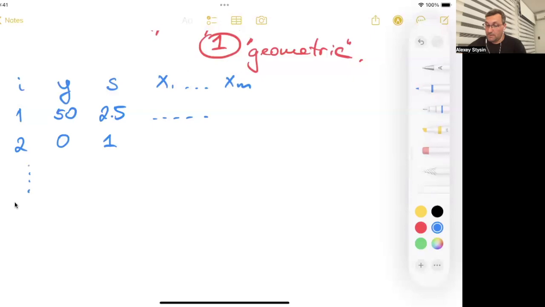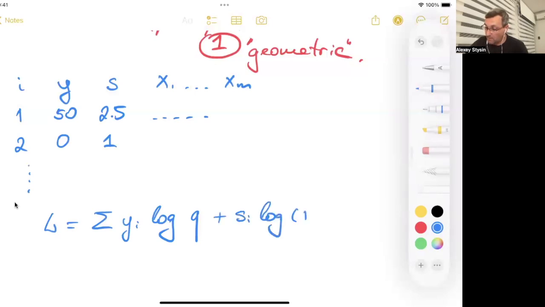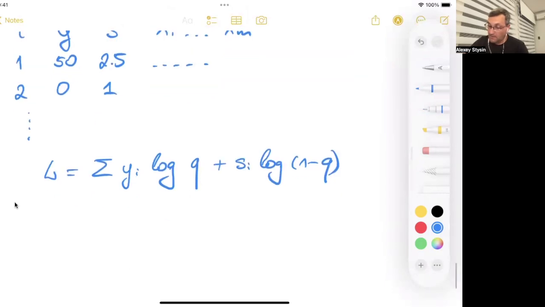So when we model this with a loss function that is going to be the sum over yi's log of q, plus si log 1 minus q. The q is going to be modeled as some sigmoid of fi, which depends on the weights of the network and the features of the example xi.